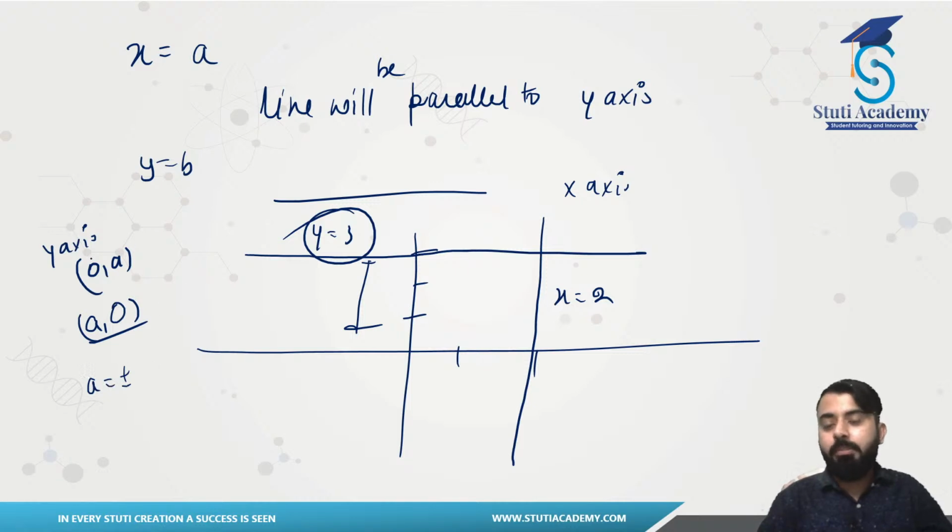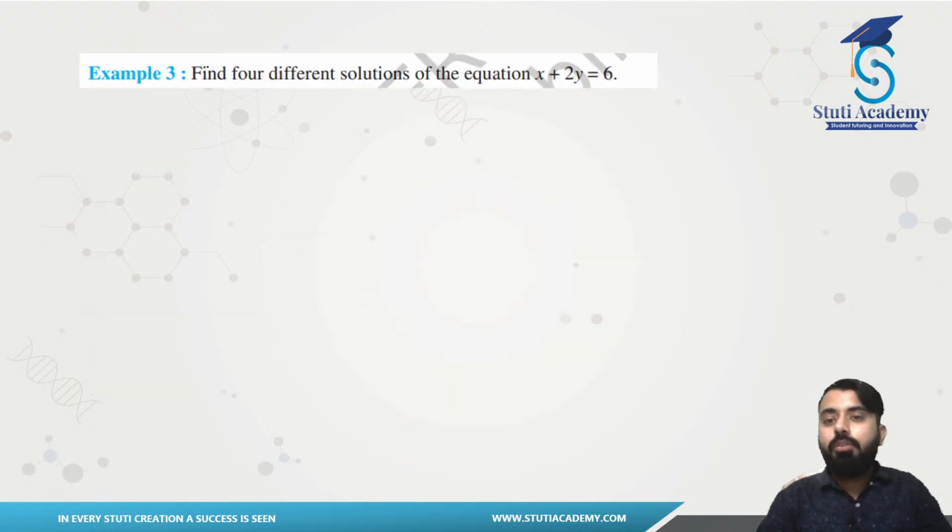So 0, positive a will be upward of the origin, on the positive y axis. If you are dealing with 0 and a negative a, that will be on the negative y axis. Similarly, a, 0 with positive a is on the positive x axis, and negative a, 0 is on the negative x axis. These are the things you should remember. We had discussed this in chapter 3. So I'm going to move forward and see what we have now. We have to write 4 different solutions of this equation.